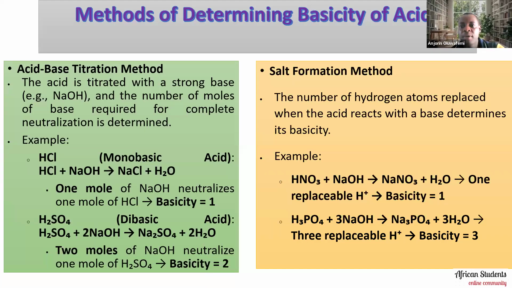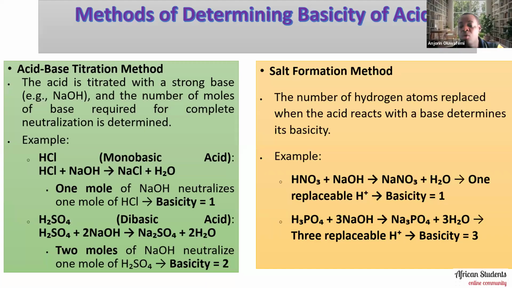Another method to determine the basicity of an acid is the salt formation method. The number of hydrogen atoms replaced when the acid reacts with the base determines its basicity. As an example, HNO3 reacts with sodium hydroxide to give sodium nitrate plus water. Just one hydrogen atom is replaced when the acid reacts with the base.